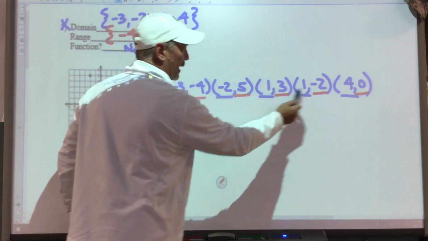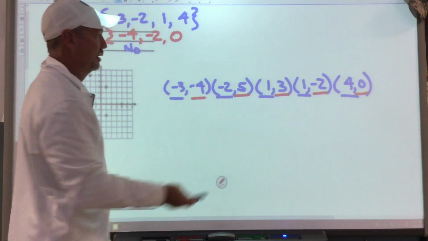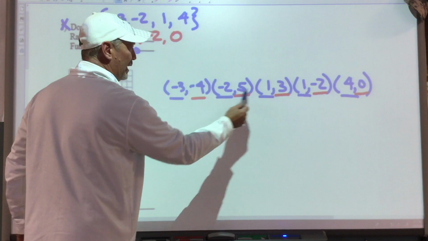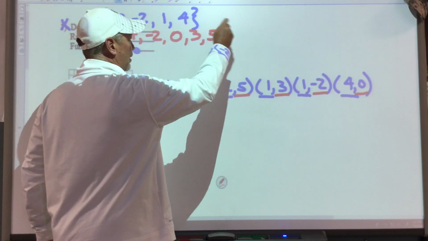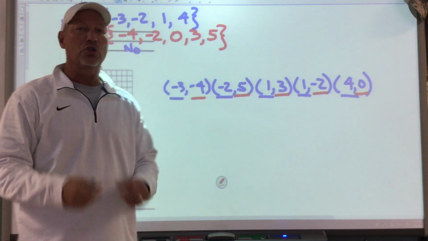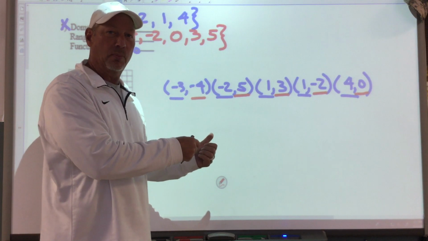And then we're going to look at it and we're going to have 0. And then we're going to have a 3 and then a 5. That's your domain and range when you have ordered pairs, when you just have points that are plotted.